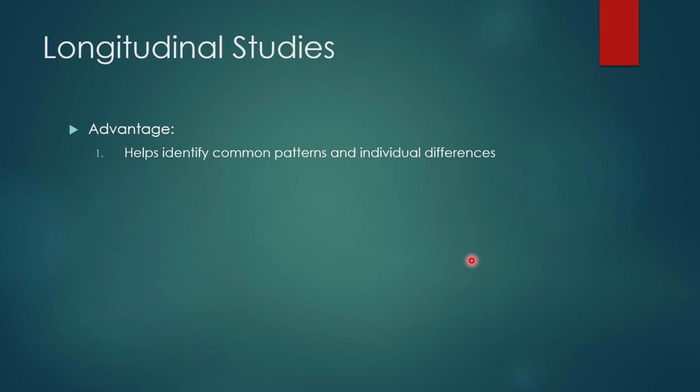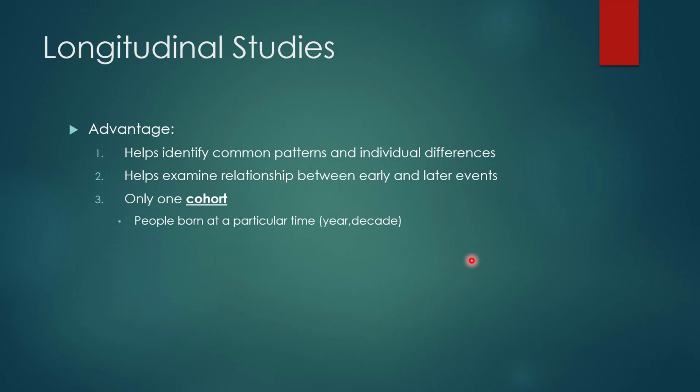In addition, because we're measuring things over time, we can look at early events and later events and see if there's a relationship between those things. And we only have one cohort, so it's one group of individuals, and this word cohort is going to come up a lot in this video, where we have people that were born at a particular time, either a year or a decade, but they have some similarities because of their time of birth.